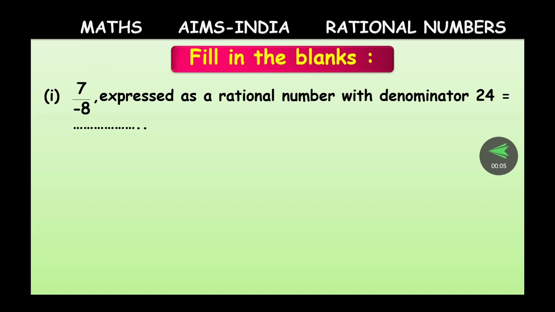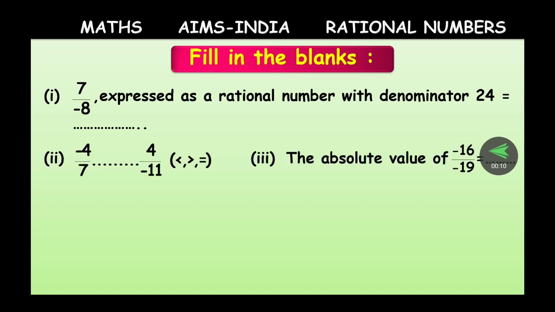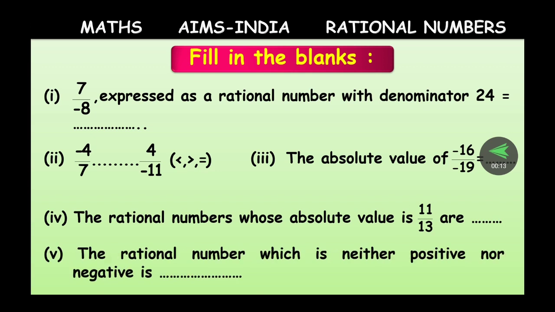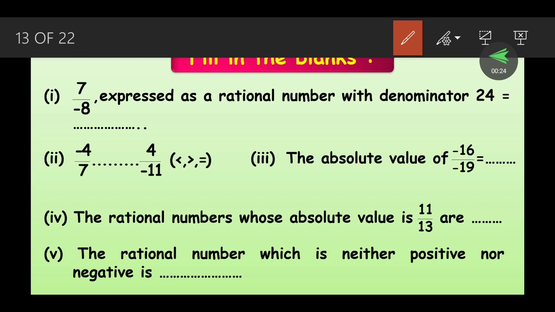Okay children, let's solve some fill in the blank questions based on the present concept. So here 5 fill in the blanks questions are there. So what is the first question? 7 by minus 8 expressed as a rational number with the denominator 24. Whenever you have a negative denominator, first you have to make it positive.